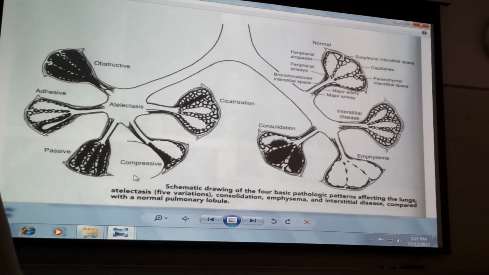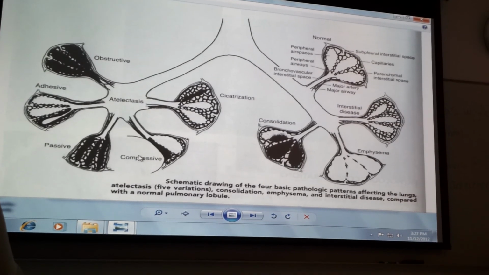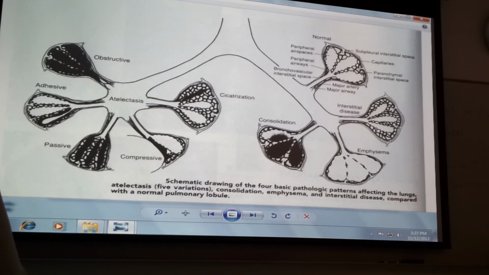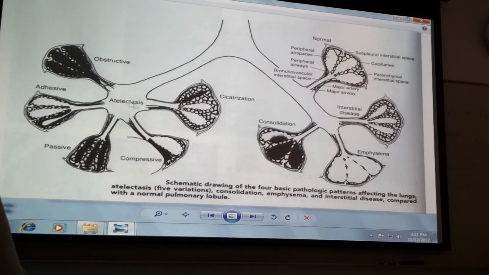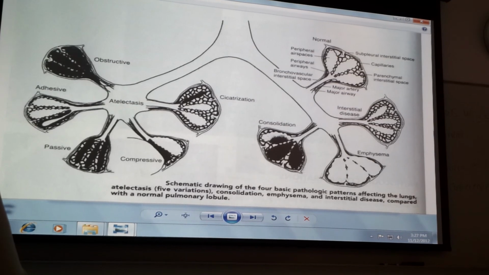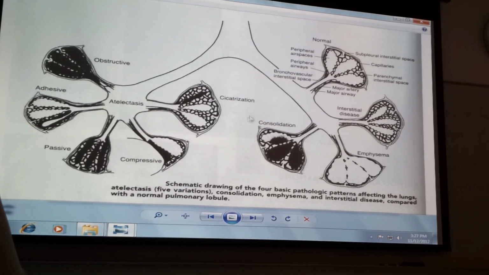And the passive one is the pneumothorax because it's collapsed but it's still functioning. Compressive is when there are other diseases pushing against the lung, like a pneumonia, to create a partial collapse. And this is scar tissue. This is atelectasis. There are 5 different types, and over here is all the different things that can cause a change in pattern of a normal appearing chest X-ray.